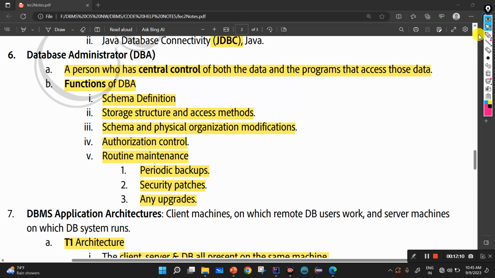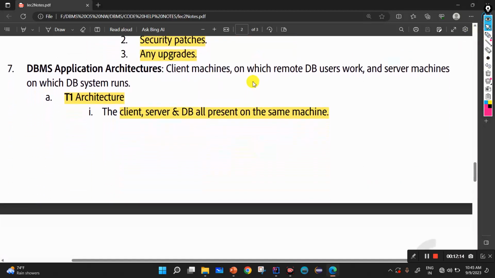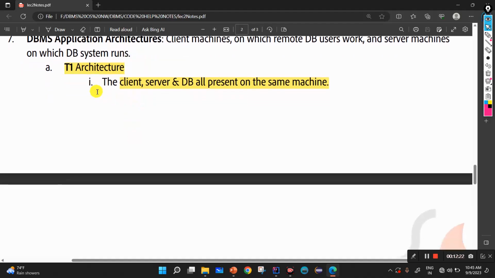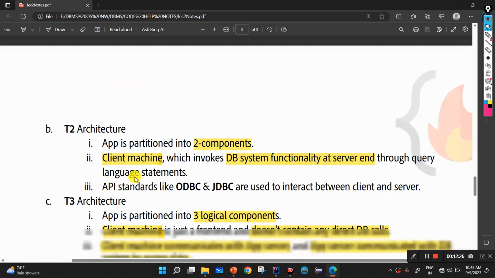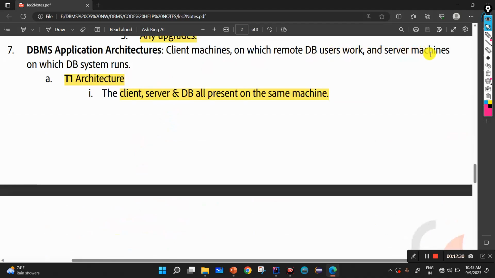Now move to the next topic, our DBMS application architecture. It is very simple. There are three types of architecture: Tier 1 (T1), T2, and T3.